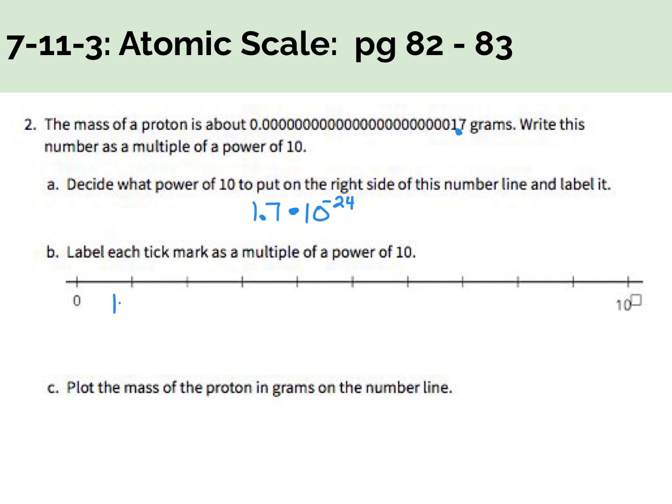I'm going to do kind of like I did before: 1 times 10 to the negative 24, 2 times 10 to the negative 24, 3 times 10 to the negative 24, 4 times 10 to the negative 24, 5 times 10 to the negative 24, 6 times 10 to the negative 24, 7 times 10 to the negative 24, 8 times 10 to the negative 24, 9 times 10 to the negative 24, and then our last one is pretty much 10 times 10 to the negative 24, which really makes it 10 to the negative 23.